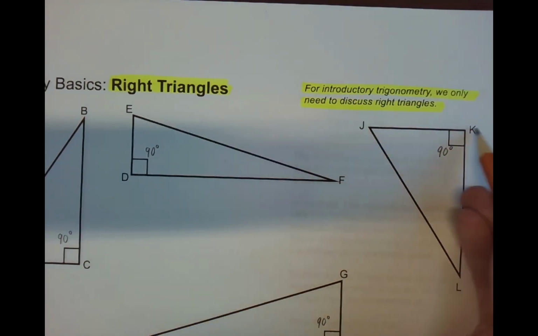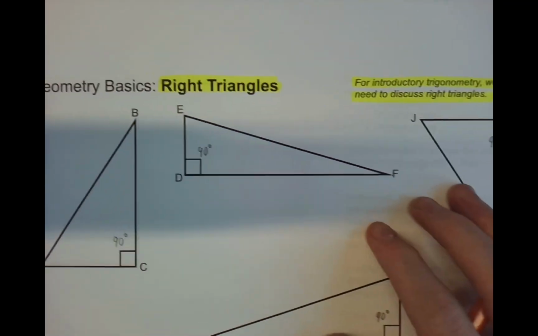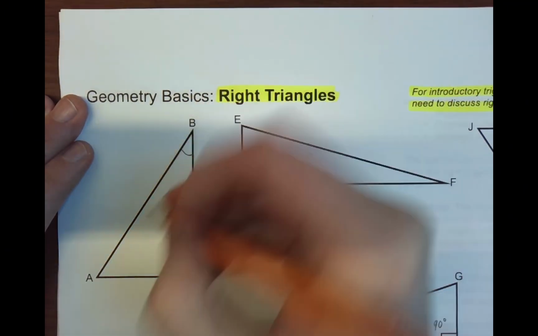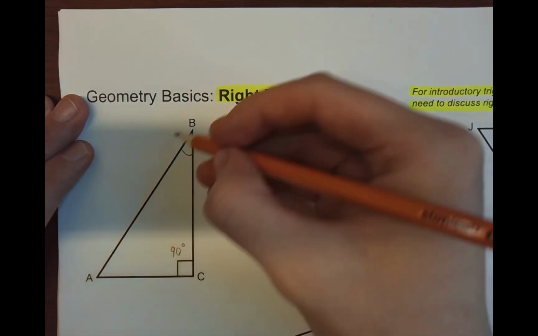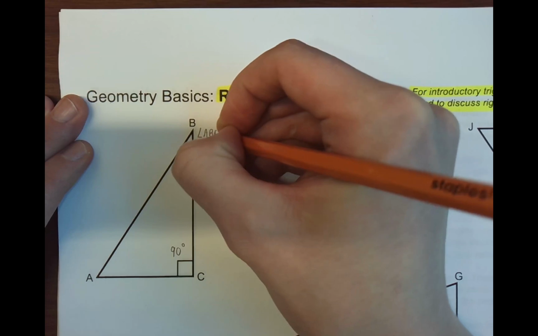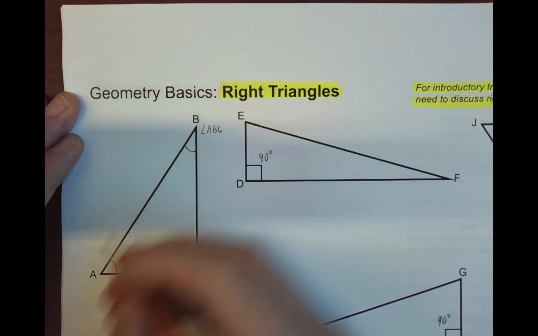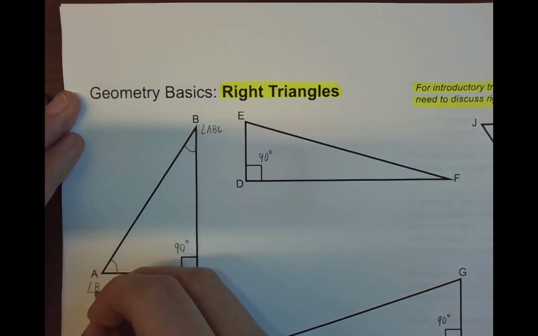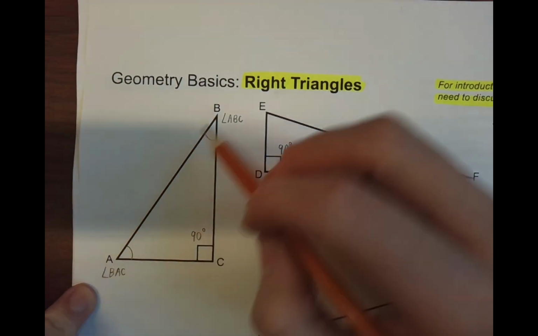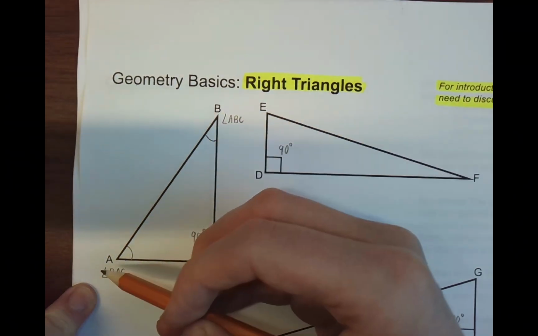But that means we have two non-right angles. So, okay, let's name it. Angle ABC. This is angle BAC. We know that these are not right angles.